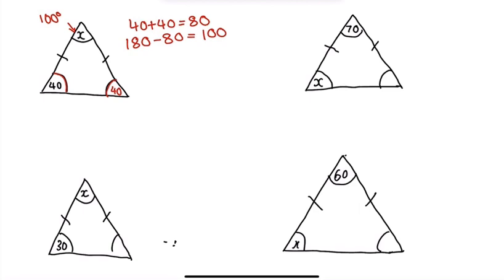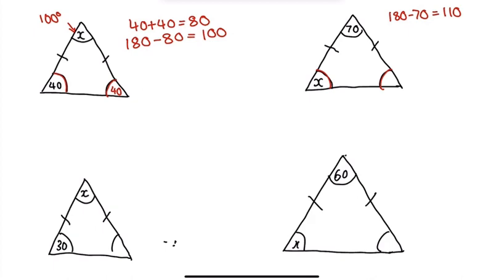Now for this second one, it's told me the top angle is 70, but I know these two angles at the bottom are the same. We're going to work this out slightly differently. First, all of the angles must add up to 180, and I know one of them is 70, meaning that I have 110 degrees left to share out.